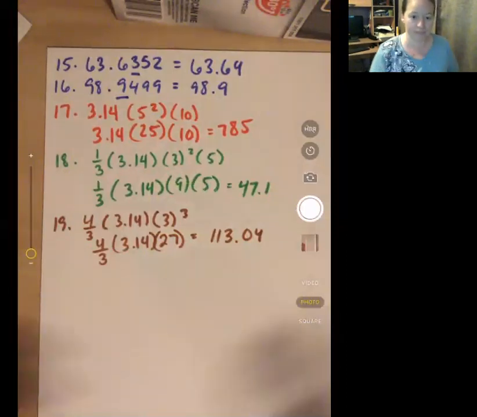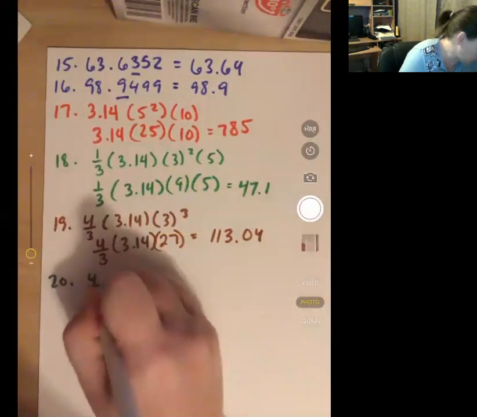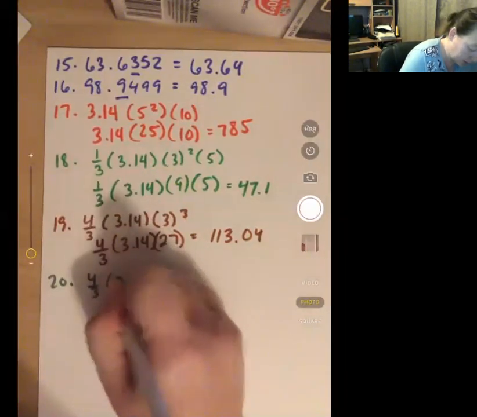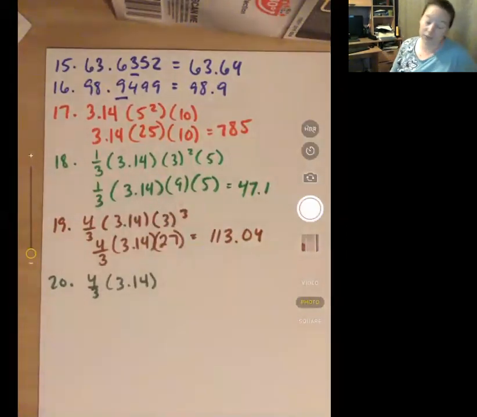Next one, number 20. 4/3 times 3 14/100. You notice how they keep using 3 14/100? Do you know why? Because that's what they want you to use when you're using pi.